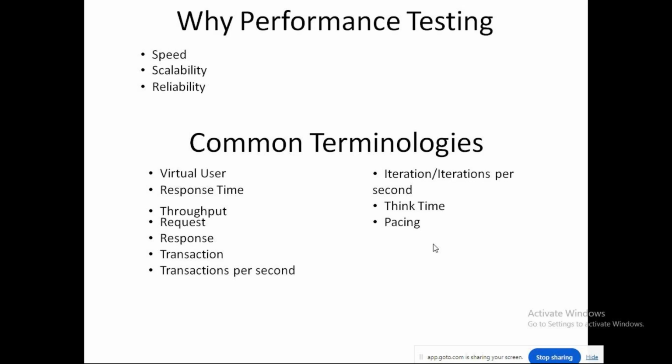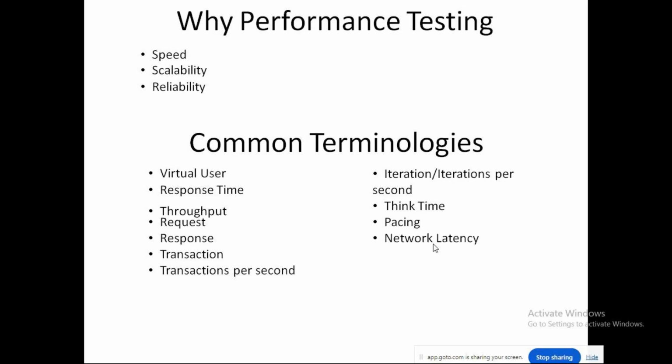So when you have a time delay between the iterations, that is your pacing. And when you have a time delay between the transactions, that is your think time. So think time and pacing will be very much required when you do the workload model design. We'll discuss this in more detail during our workload modeling session.